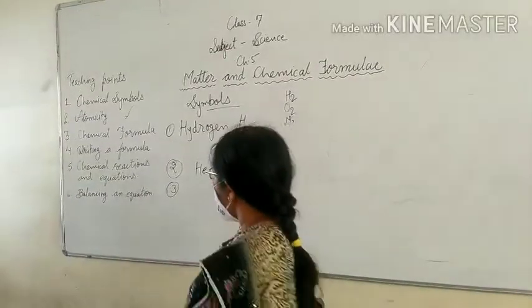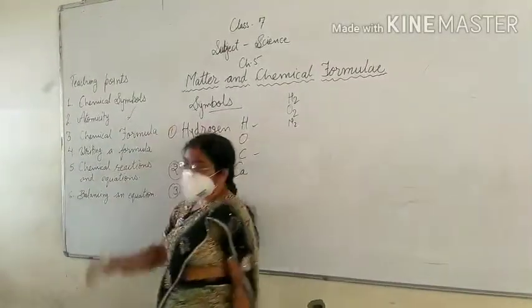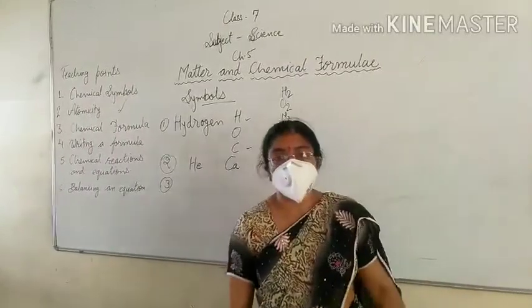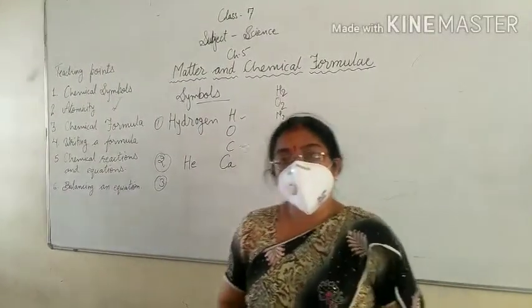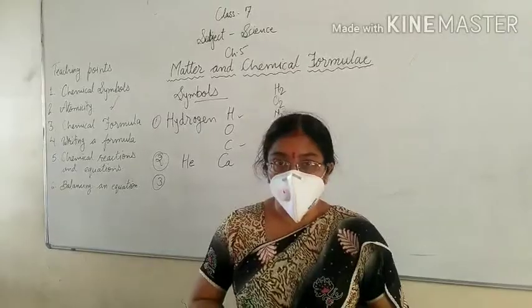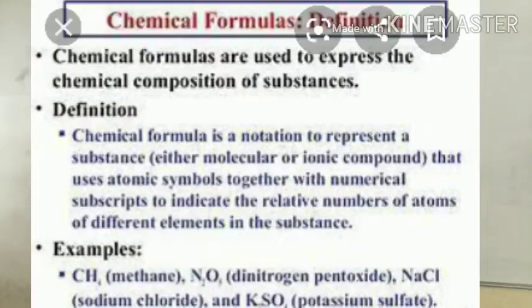Now we will take the third topic, that is chemical formula. Writing the name of any compound in symbolic form is called a chemical formula. In a chemical formula, we use the symbols. For example, we want to write the formula of a water molecule.